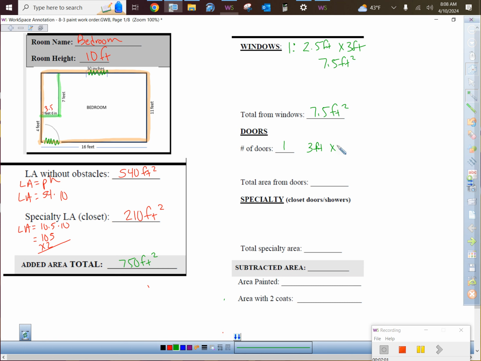So times 7 feet. That's an easier one. What's 3 times 7? 21 square feet. Every single normal door that we do, since they're always going to be 3 feet wide and 7 feet tall, should take up 21 square feet, right? So that's keeping it simple for the grader. But there is just 1 door, so we have 21 square feet total.